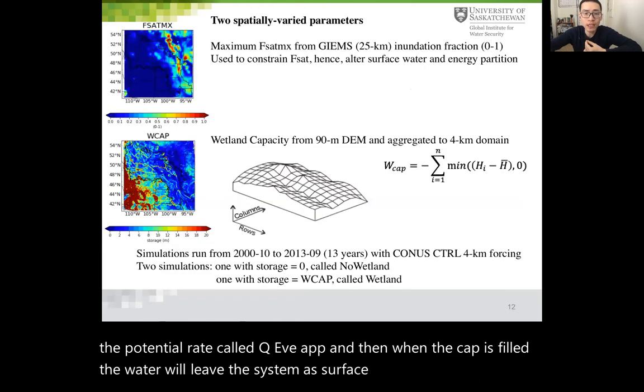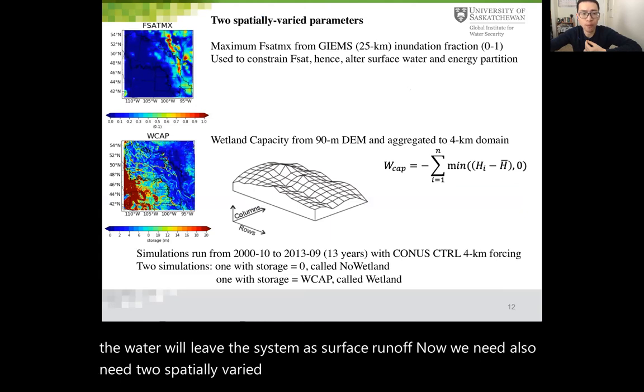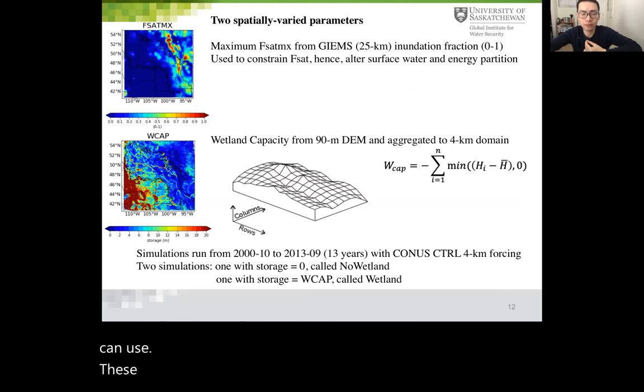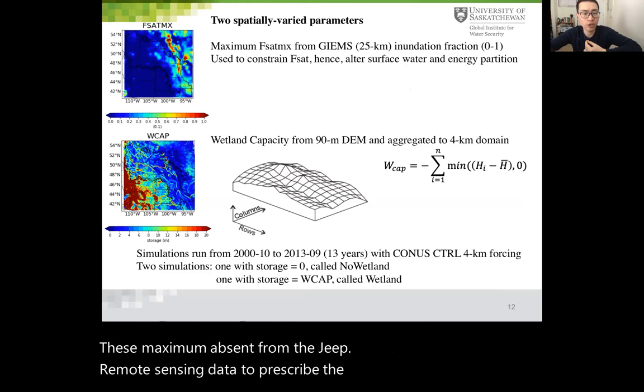Now, we also need two spatially varying parameters to do this job. If you remember, this FSAT max value was set to 0.38 globally. Now we can use the maximum FSAT from the remote sensing data to prescribe FSAT max on a regional scale.